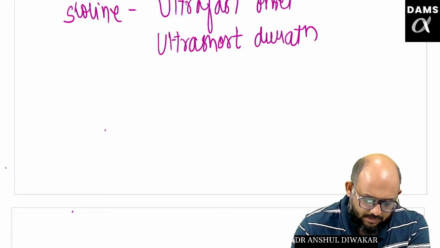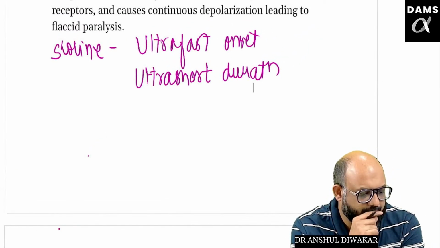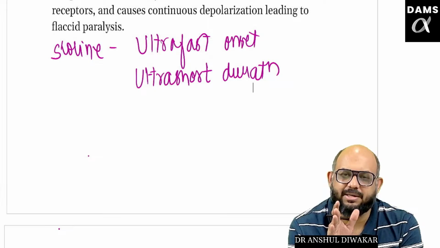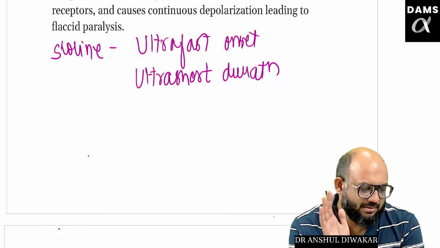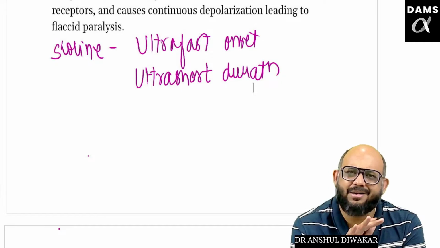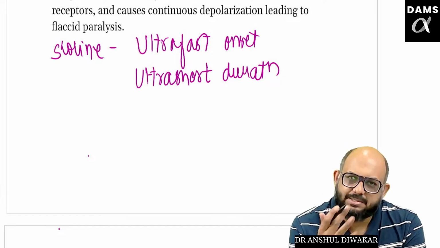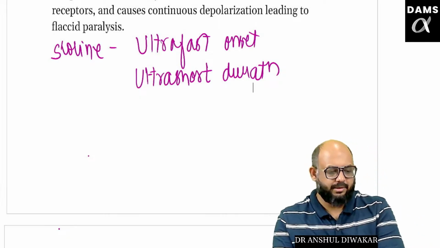How fast onset? Ultra fast. How fast? See, don't remember that it is not degraded by acetylcholine. Remember that it is metabolized by plasma cholinesterase. Understood? It is not getting degraded by all the enzymes in the body except one. So not remembering is not the criteria.